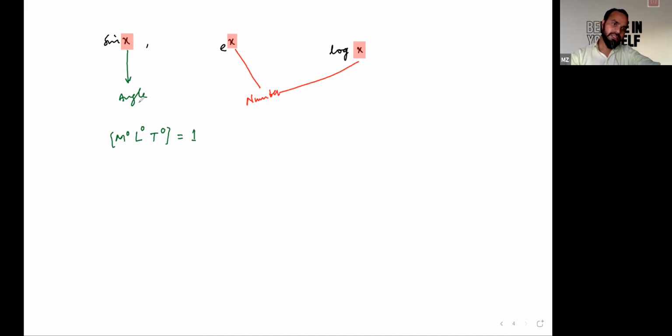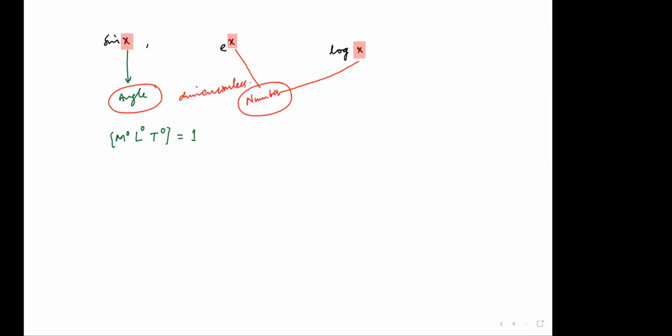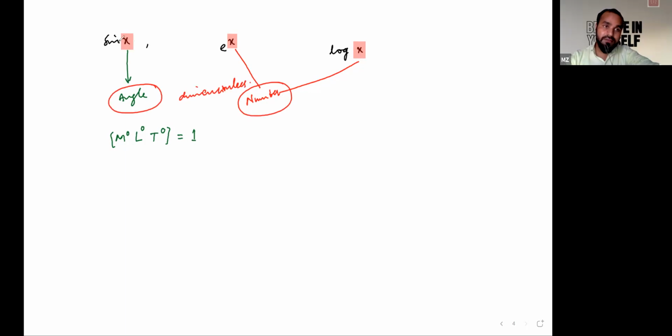So whether it is an angle related to a trigonometric function, or a number related to an exponential or logarithmic function, these two are nothing but dimensionless quantities. So the angle and this number would be dimensionless. Sir, sin x, e^x and log x, they are dimensionless? No, we are just defining the value x itself.